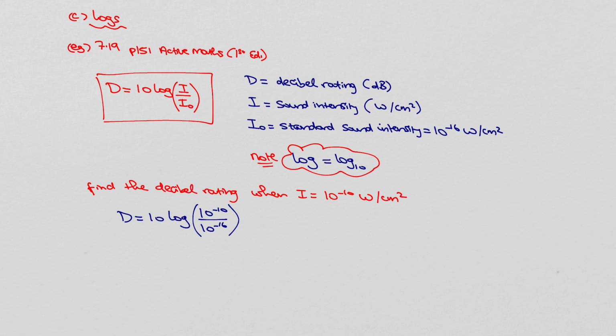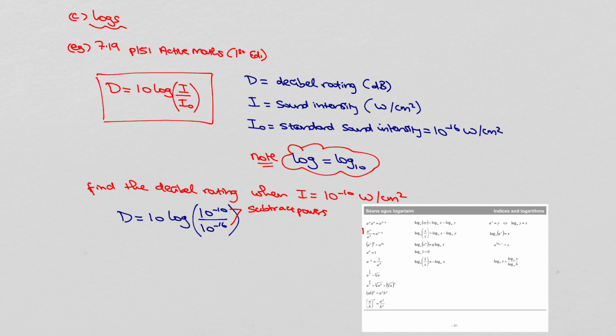And we can sub that straight into our calculators and work out what D is. But of course, I'm just going to do a quick recap on our indices because that's always nice. And what we can see here is that we have base 10 for both, and we can subtract our powers. So our basic indice rules tell us that when the base is the same, we can subtract the powers when dividing.